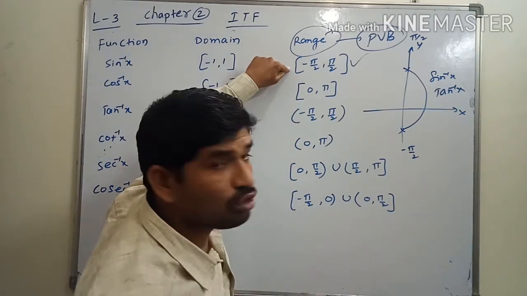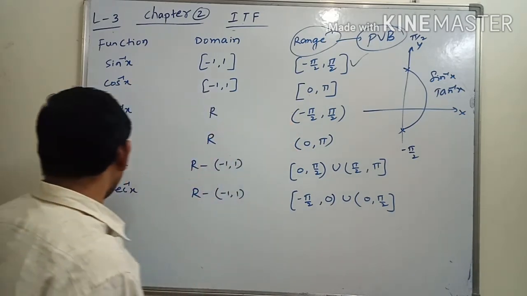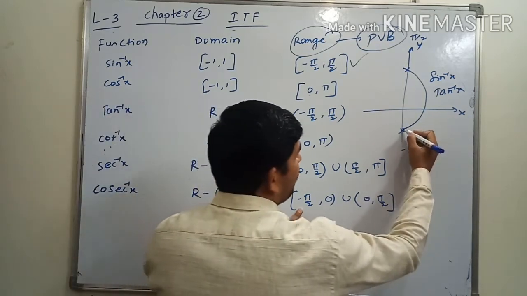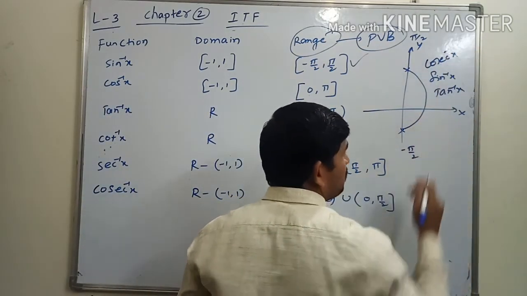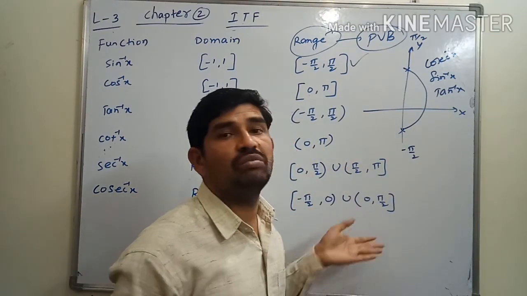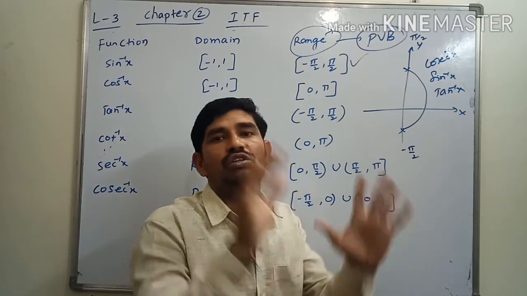For the sine inverse, closed interval. For the tan inverse, open interval. Then we have to check the cosecant inverse. Again we are taking minus π/2 to π/2, but some values in between are not defined, so in that place we have to take the open interval.